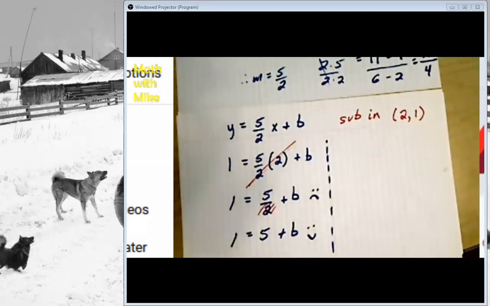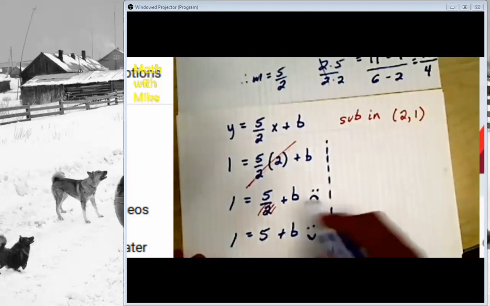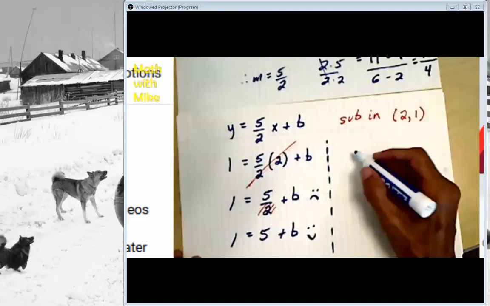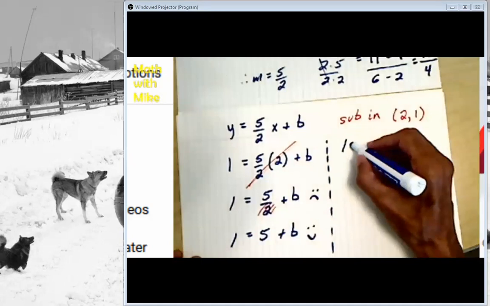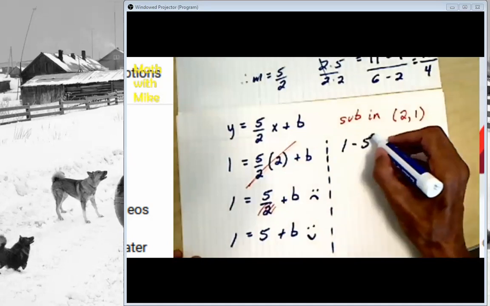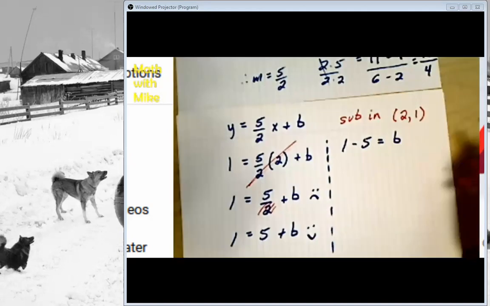So what do we have to do? B is positive, so I'm going to move 5 to the other side. Okay. So when I move 5 to the other side, it's going to look like 1 minus 5 is equal to b, like that.